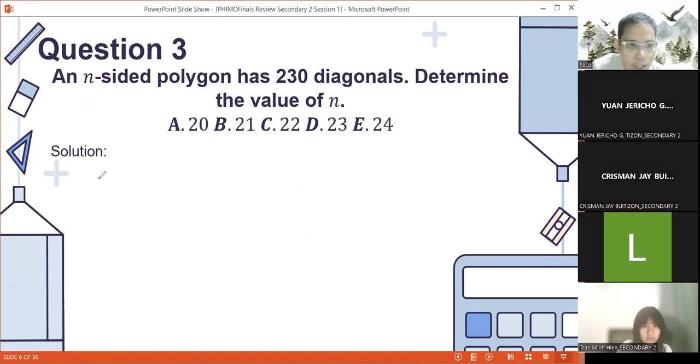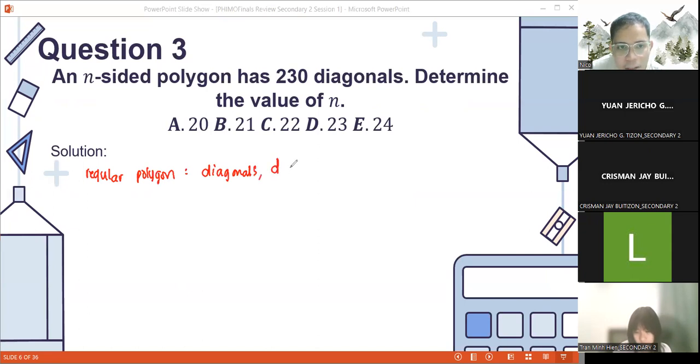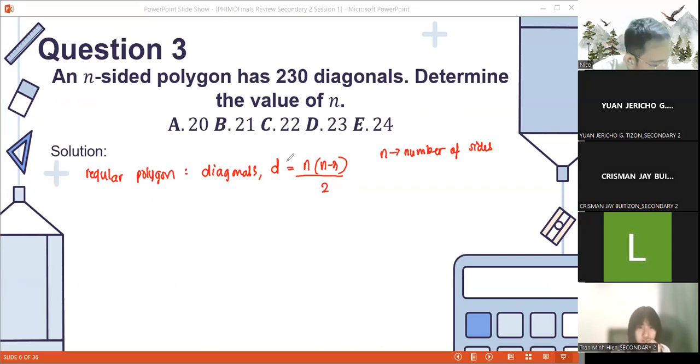So in a regular polygon, the diagonals, or we write it as letter D, is equal to n(n minus 3) over 2, where n here is our number of sides.